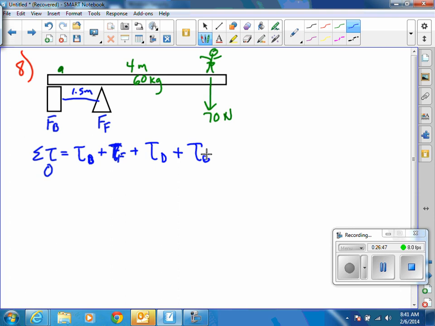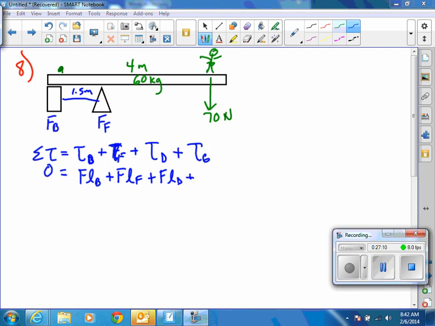But you got to remember, you don't know all the torques, so we're going to fill in F times L for each one of those. So I got F times L of the bolts plus F times L of the fulcrum plus F times L of the diving board. And then we go straight to the force times the lever arm of the girl.